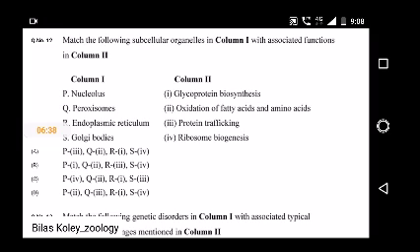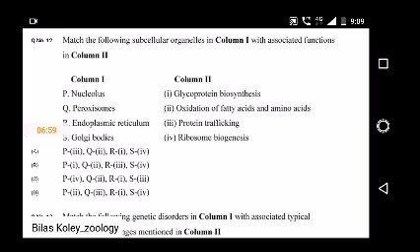Now we will discuss question number 12. Match the following subcellular organelles in column 1 and associated function in column 2. In column 1, the subcellular organelles are nucleus, peroxisomes, endoplasmic reticulum, Golgi bodies.